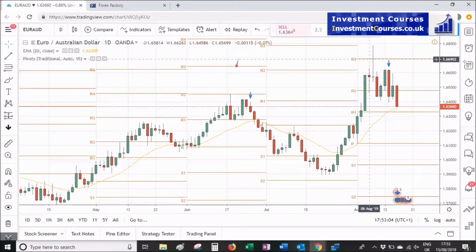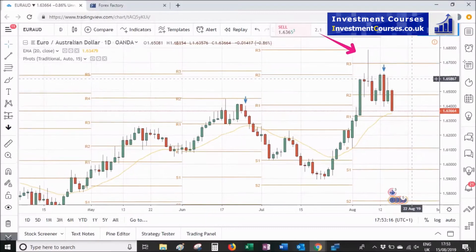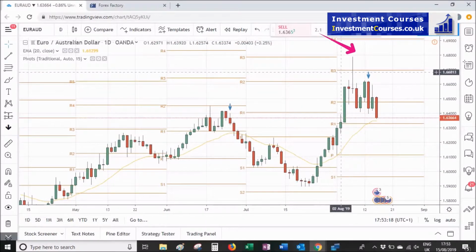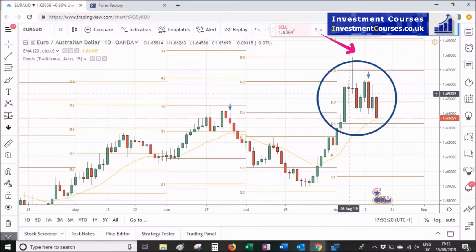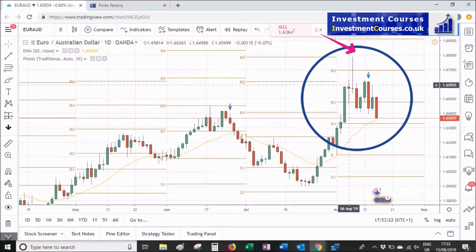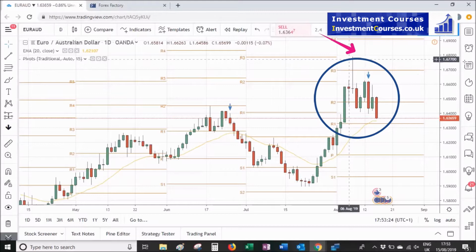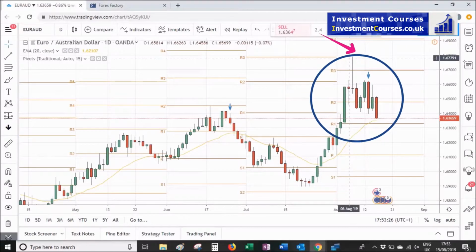And again, I saw something like that here. Price came up. This time it touches R3, which is really important. I cannot say never, but price can hardly break R3. And in this example again, price came up, it went higher than R3, but it couldn't be closed there. It went down.